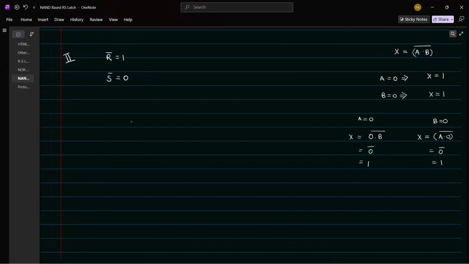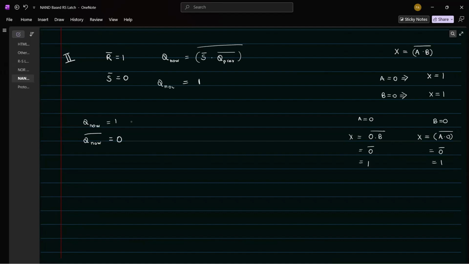Since here S bar is equals to 0, first of all, let's come up with the expected outcome. We know since this is set, Q now should be equals to 1 and Q now bar should be equals to 0. That's what we are expecting. So first of all, we'll use the one with S bar in the equation, which is Q now. So Q now is equals to S bar into Q previous bar whole thing bar, and we know S bar is equals to 0, so this is equals to 1.